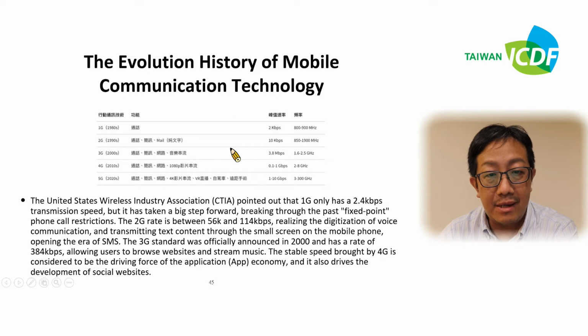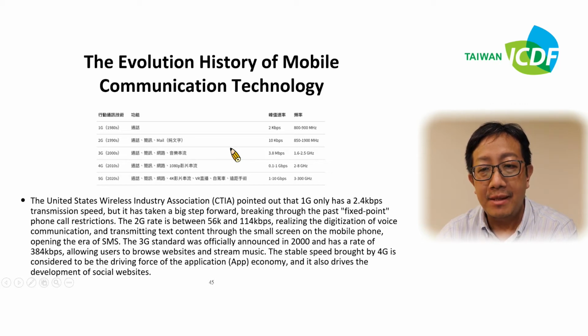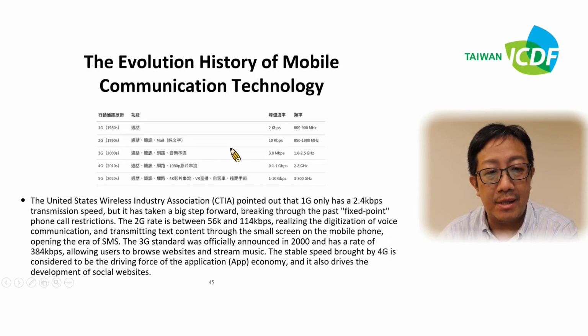The 3G standard was officially announced in 2000 and has a rate of more than 300 kbps, allowing users to browse websites and enjoy streaming music. Nowadays, we have the stable speed brought by the 4G. It's considered to be the driving force of the app economy, and also drives the development of social websites.